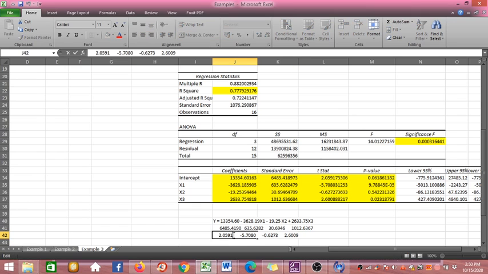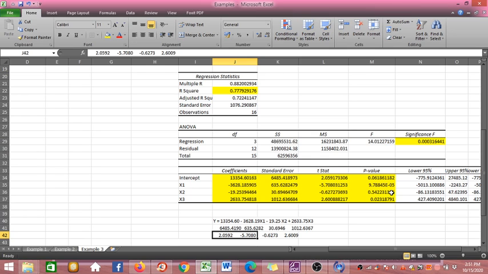Ito pala to. So, 2.0592, and then negative 5.7080, negative 2.6273, and then 2.6009.